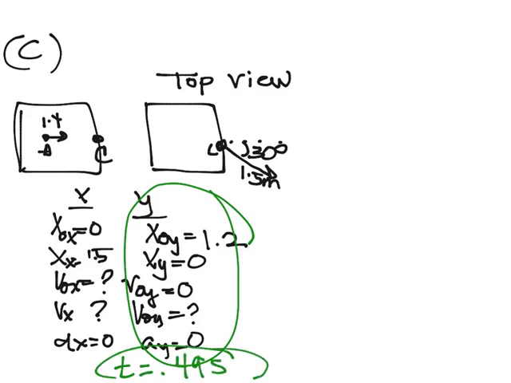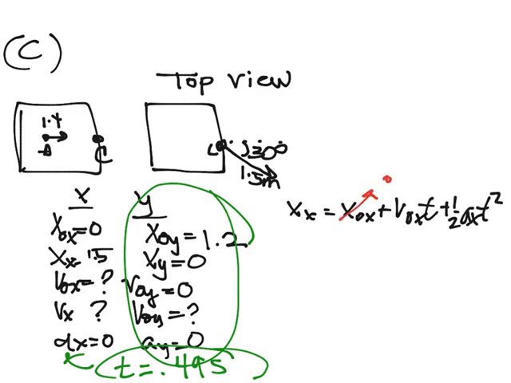Now that I know that, I'm going to put it into my x information, and I have xx equals x naught x plus v naught x t plus 1/2 ax t squared. Of course, x naught x is 0, and ax is 0.